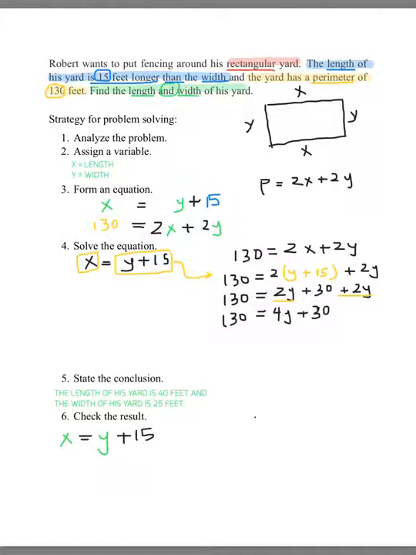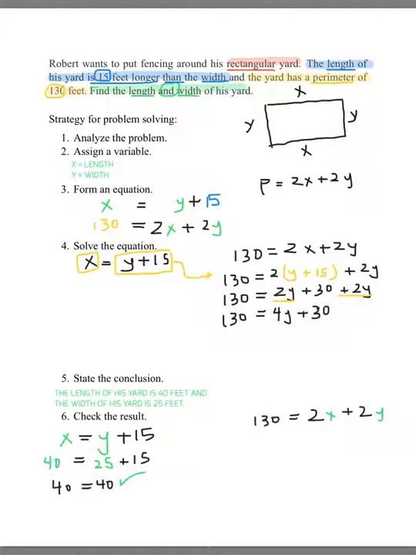Then we're going to have 130 is equal to 2x plus 2y for the second equation. Plugging these values in for the first equation, we have 40 is equal to 25 plus 15. So we do end up with 40 is equal to 40. So that verifies that our first equation is correct.